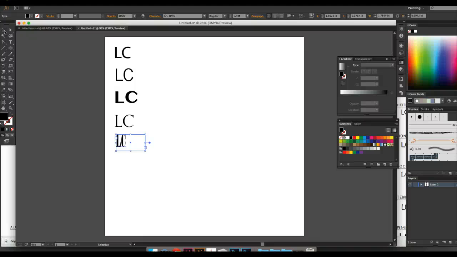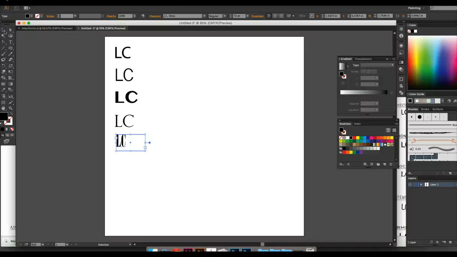Think about where you have space that overlaps, and how that positive negative space can be played around with. Feel free to rotate, maybe we do our C like this and our L down here. Feel free to play around. I want you to push the positive negative space. I want it to be of interest.